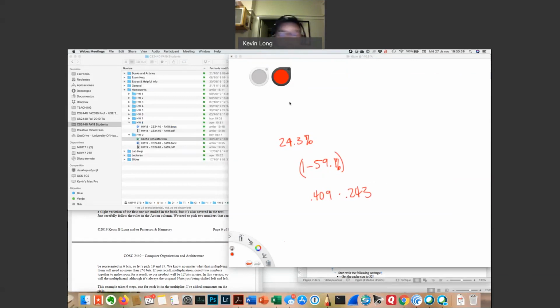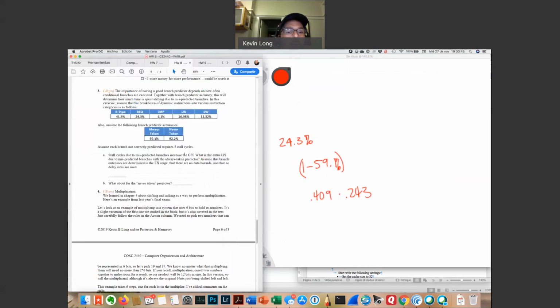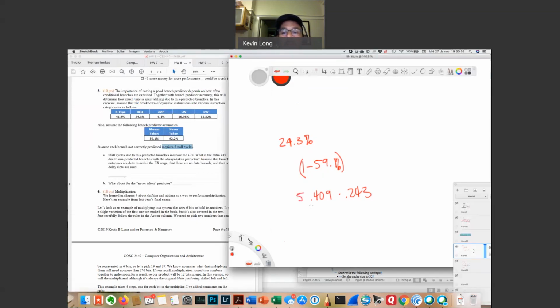Now, the only other piece of data that we're missing here is the number of cycles that a miss takes, and it tells us 5 stall cycles. So I'm going to take the 5 cycles that I spend and multiply it by these penalties, and should be able to get my answer.